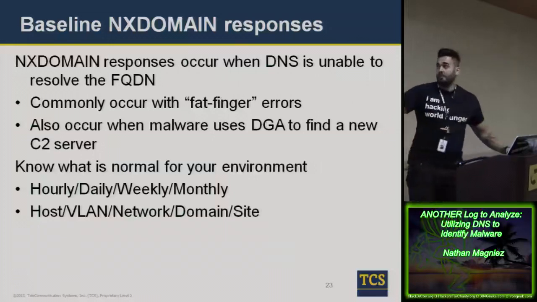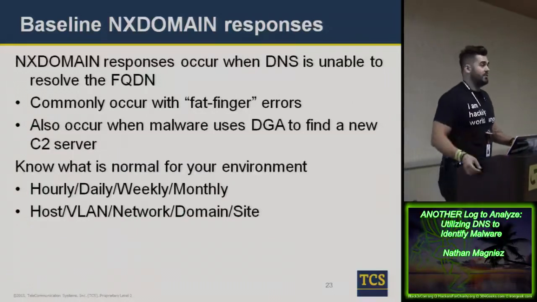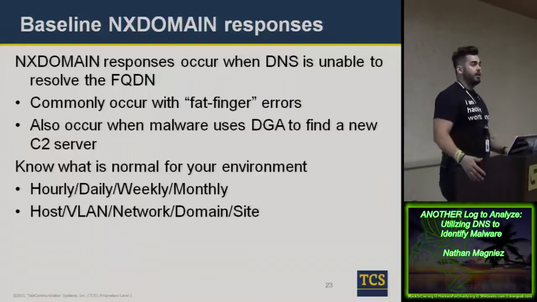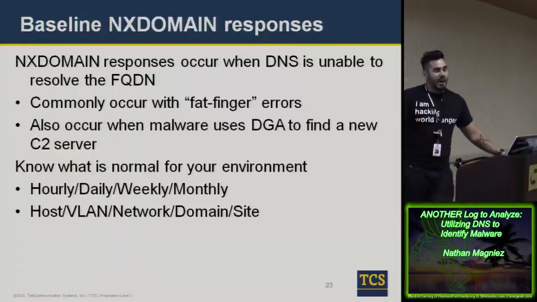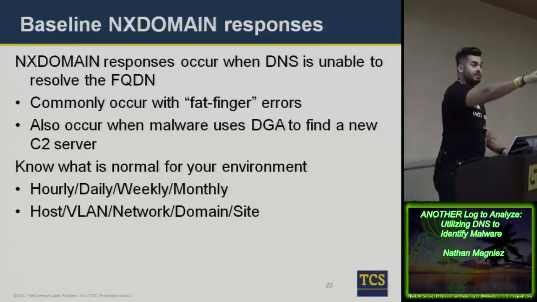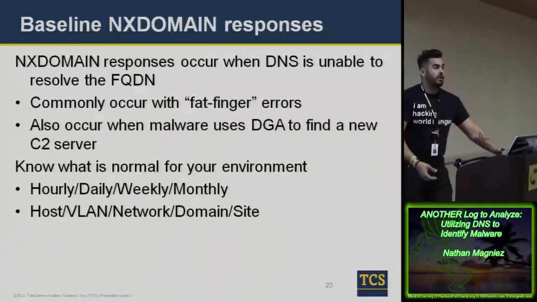Like I said, they commonly happen with fat finger errors. So baseline that too. Who has the chubbiest hands in your environment? You? All right. It also happens with that DGA that we mentioned. So DGA has an algorithm where it's going to send out, let's say, 10 potential candidate FQDNs, or fully qualified domain names, and 9 out of the 10 are going to fail, and then one of them is actually the one that's hosting the C2 malicious server.